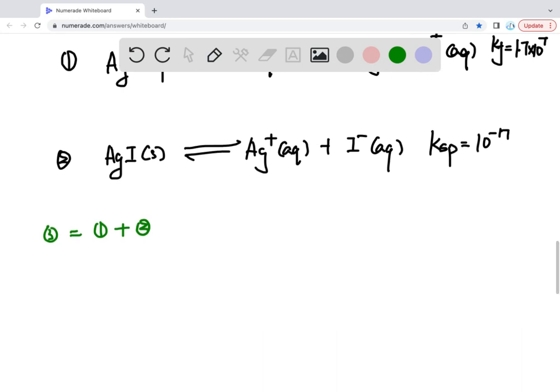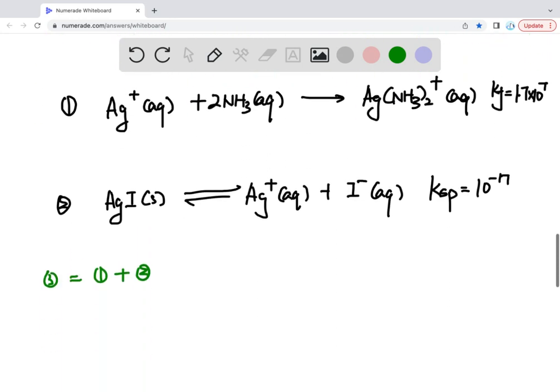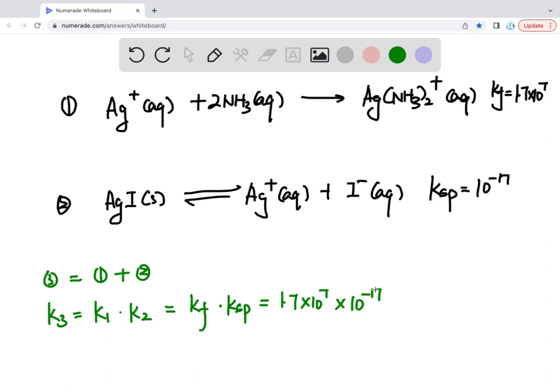So that means for the K value, the equation 3 actually equals to K1 times K2. The K1 is a Kf, and the K2 is a Ksp. So that's equal to 1.7 times 10 to the 7 times 10 to the minus 17.